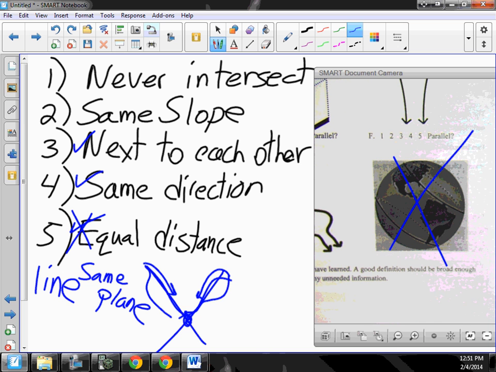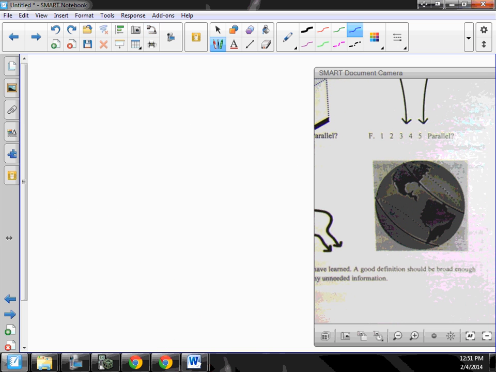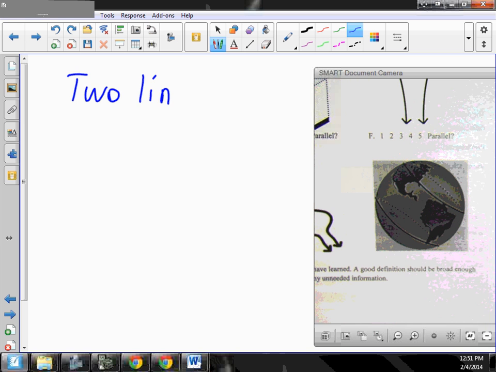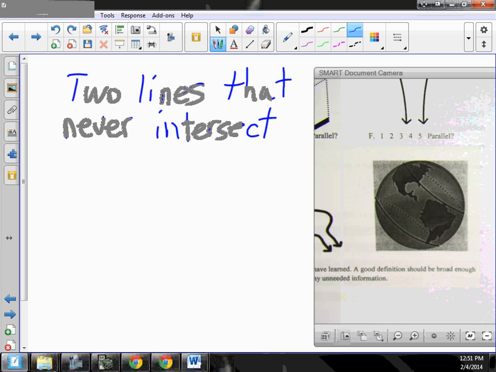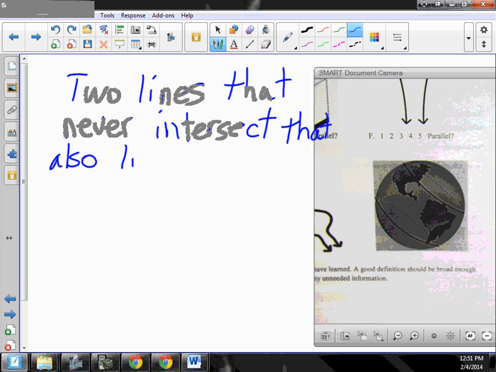All right, so for our new definition, let's say two lines, this is the bottom of the page, that never intersect, two lines, whatever, that also lie in the same plane.